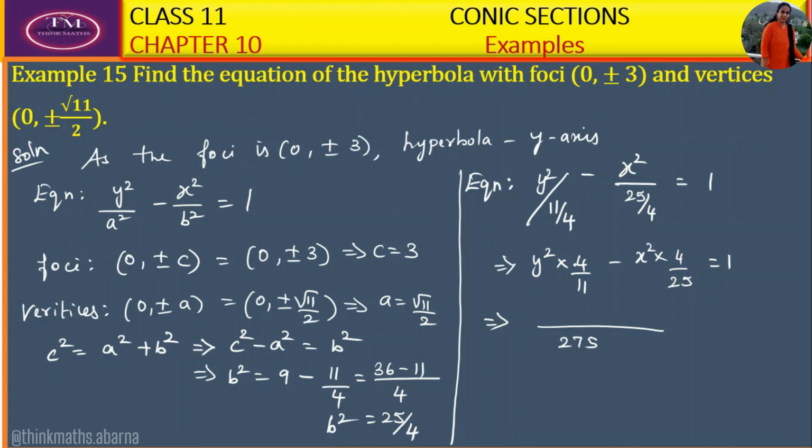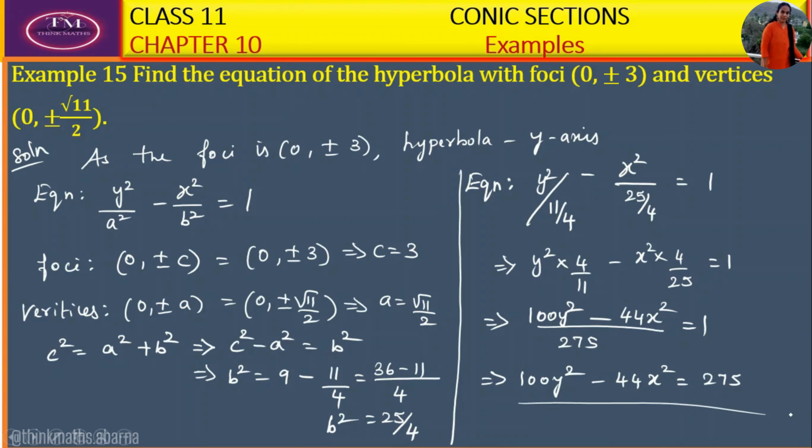So it is 25 into 4, 25 into 4 is 100, so 100 y square, 11 into 4 is 44 x square equal to 1. So just cross multiplying, we will get 100 y square minus 44 x square equal to 275. So this is the equation of the hyperbola.